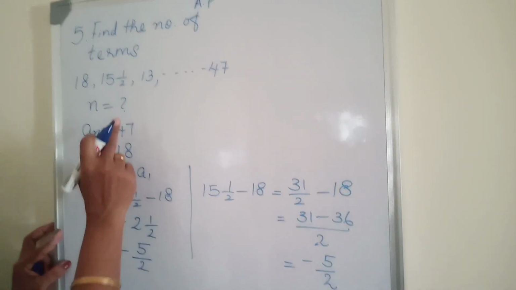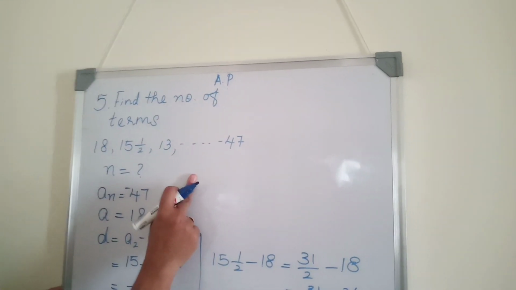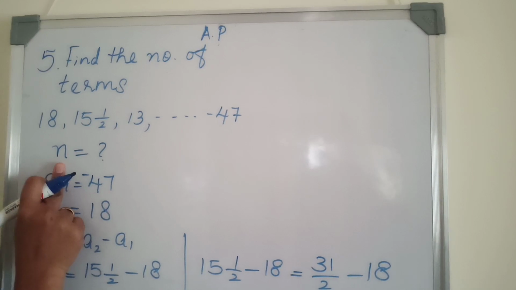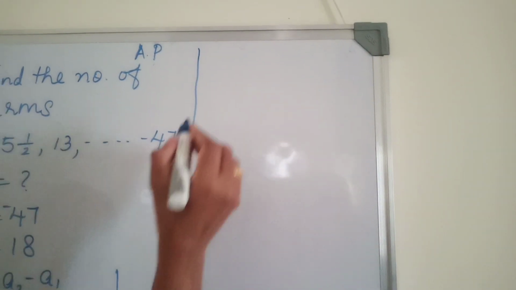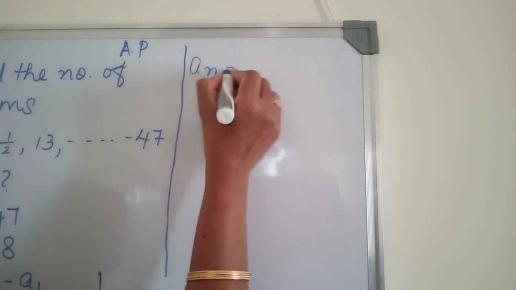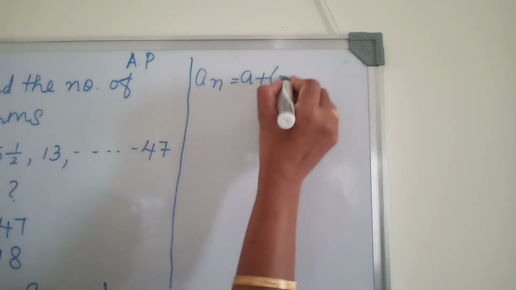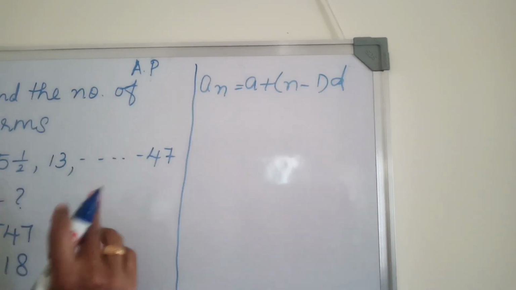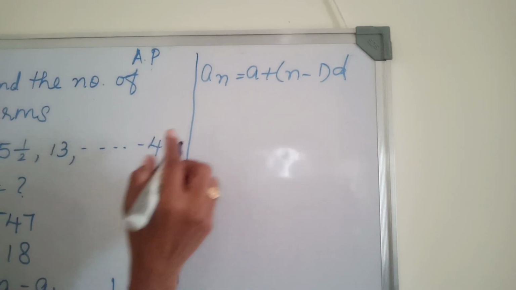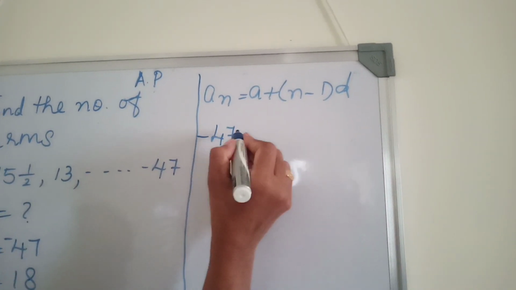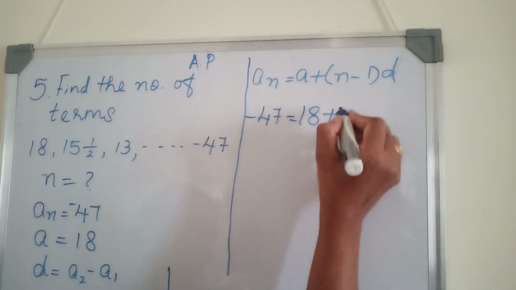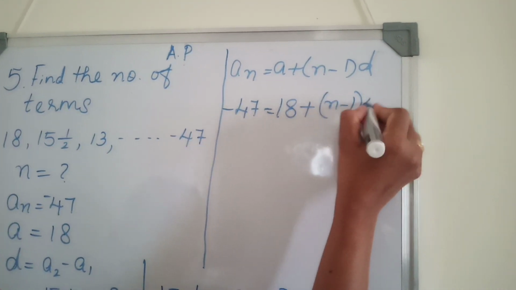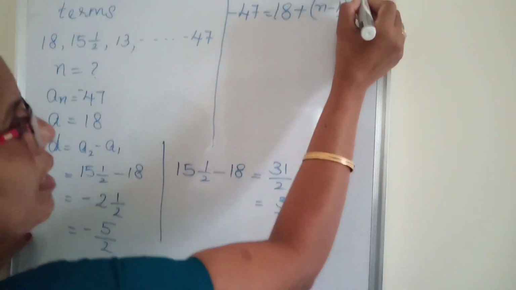So now we will find out how many terms are there in this AP. That is, terms will be always denoted by the letter n. Now we will write the formula. An equals A plus n minus 1 into D. Nth term is minus 47 equals A is 18 plus n minus 1 into D is minus 5 by 2.